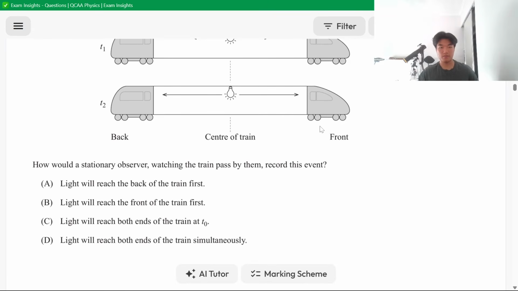Okay, so this is weird, to be honest, if you think about it. Do I just have unbelievably fast reaction time, or I don't know. How would a stationary observer watching the train pass by them record this event? Hmm.